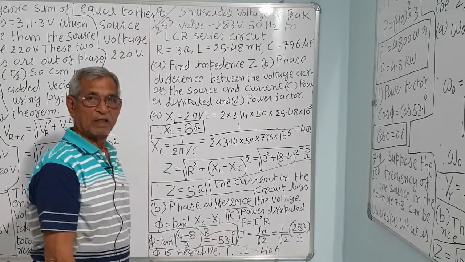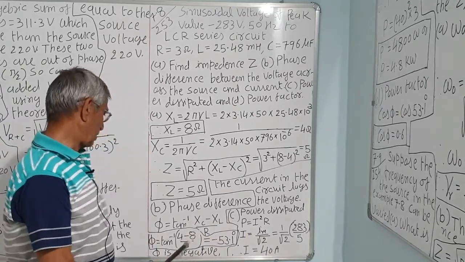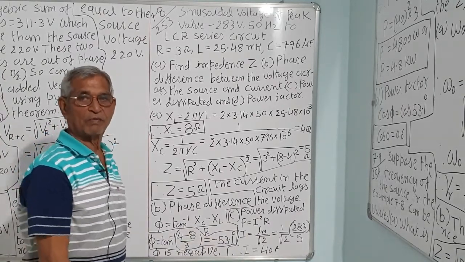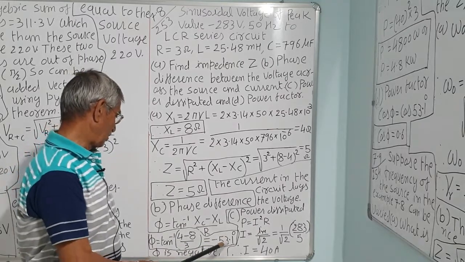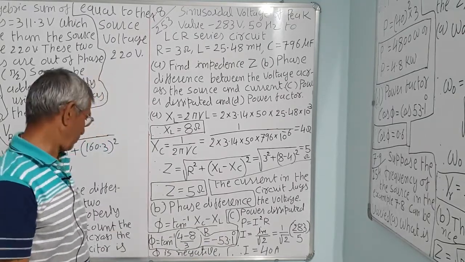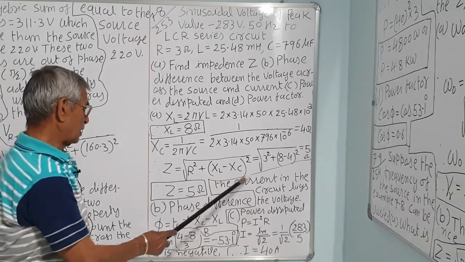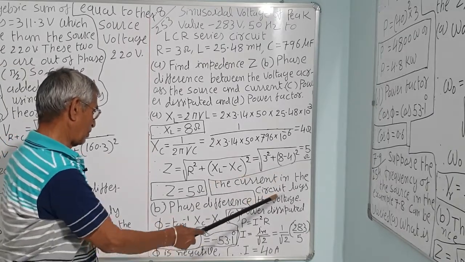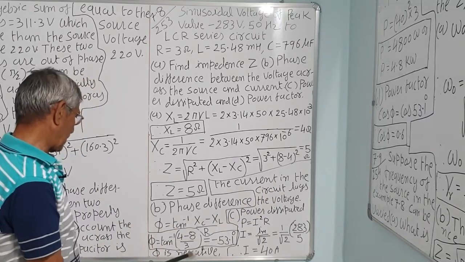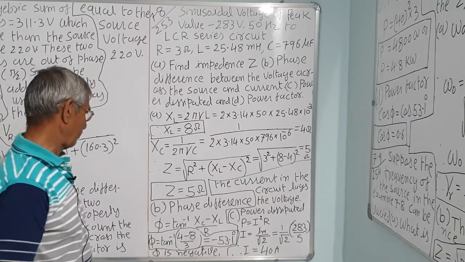So it is minus, and from the table you can find out the value of tan inverse of 4 by 3, that is 1.3, that is 53.1 degree. Correct. The current in the circuit lags the voltage. Correct. It says that phi is negative, that is, current lags.